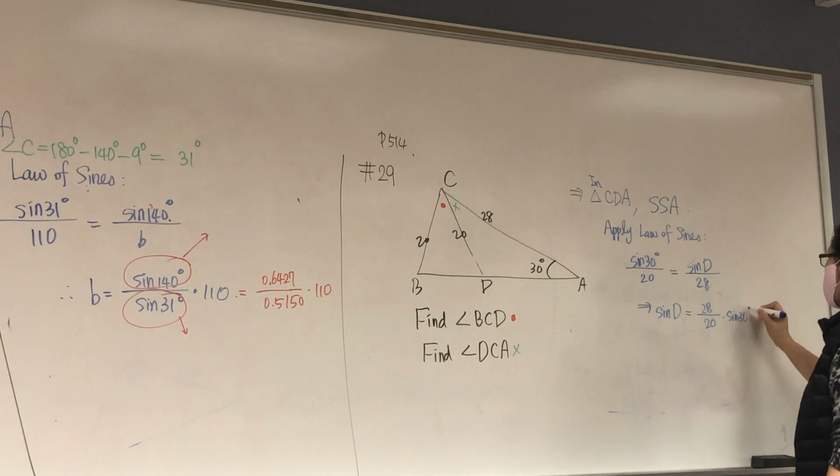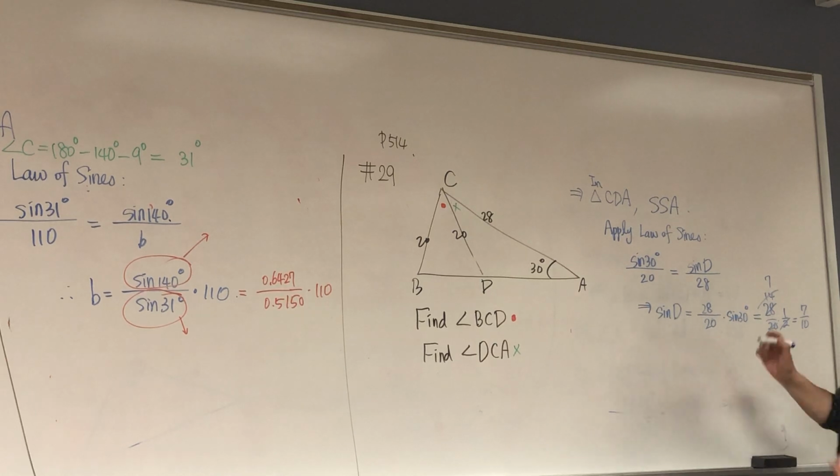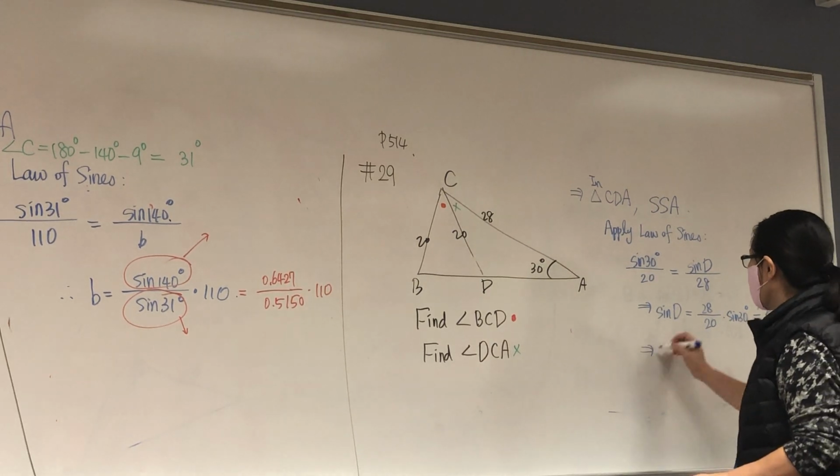Am I right? Yeah. Sine 30 is 1/2, right? Yes. So what is it? 0.7. Okay, but don't stop here. That's only the sine value.